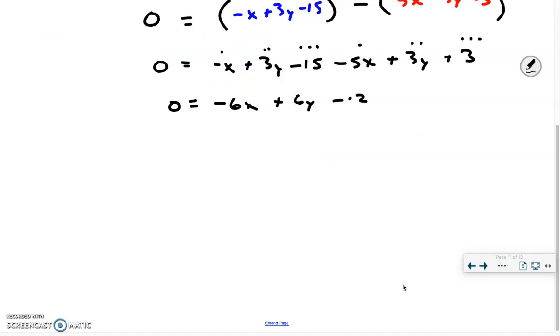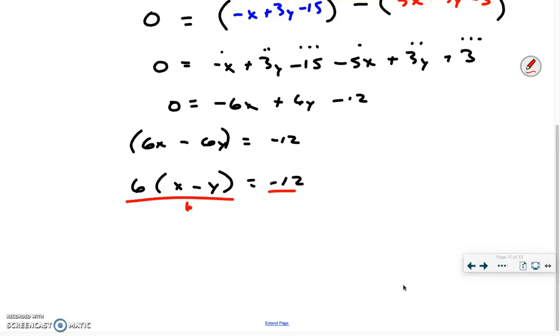So a lot of different ways that we could present our answer. I'm going to go with standard form first. If I were to subtract the x and the y over, that's going to put us at 6x minus 6y equals -12. Noticing, of course, that we can factor a 6 out. When I divide both sides by 6, that's going to leave us with x minus y equals -2.